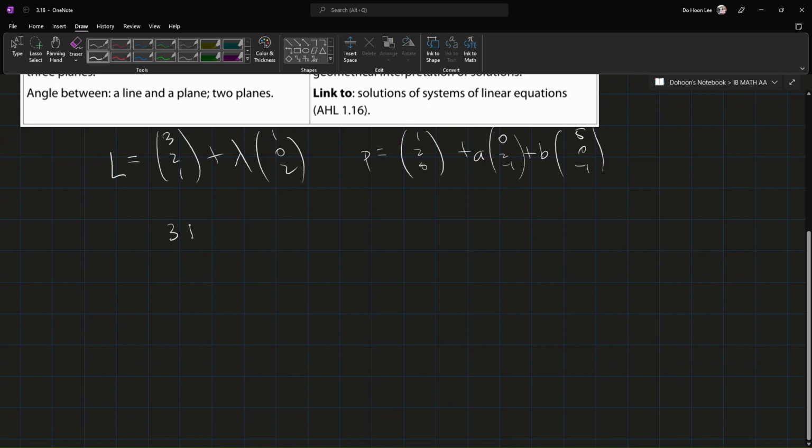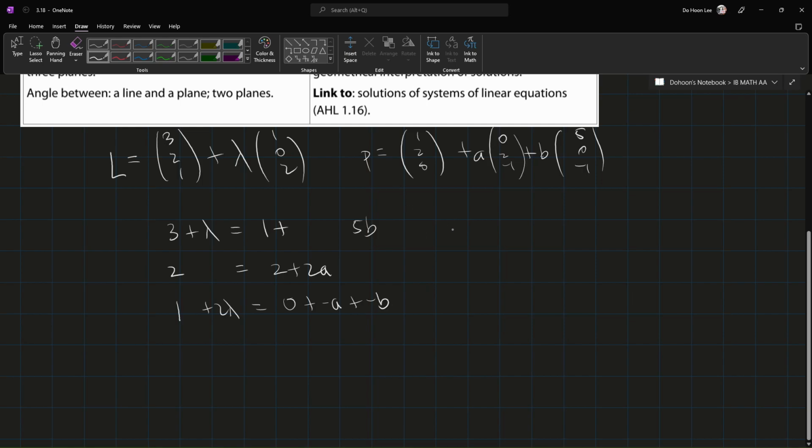In this case, I get three equations with three variables. I go 3 plus lambda equals 1 plus 5b, 2 equals 2 plus 2a, and lastly 1 plus 2 lambda is equal to 0 minus a minus b.